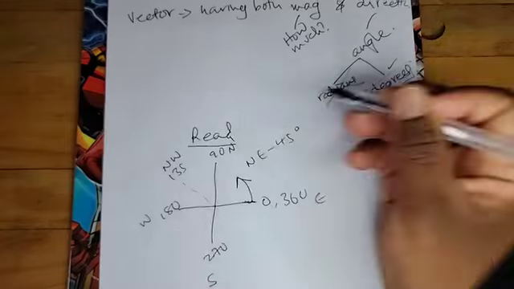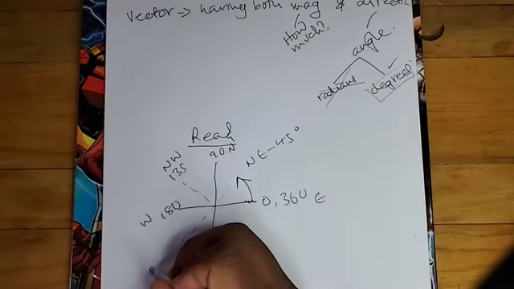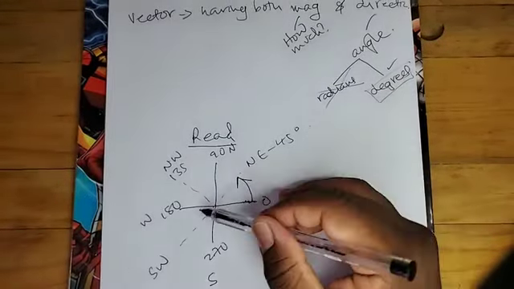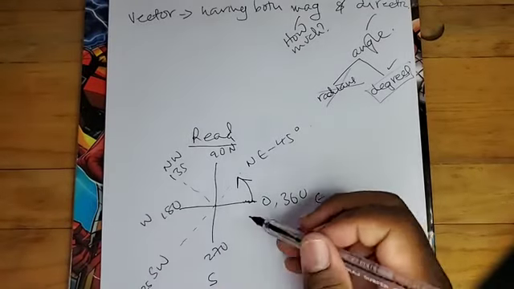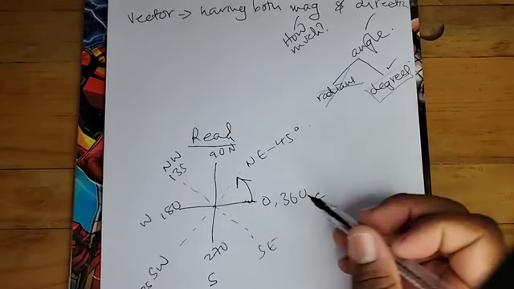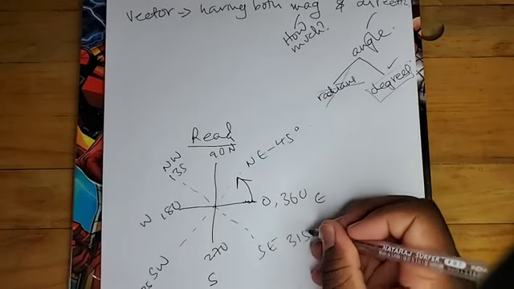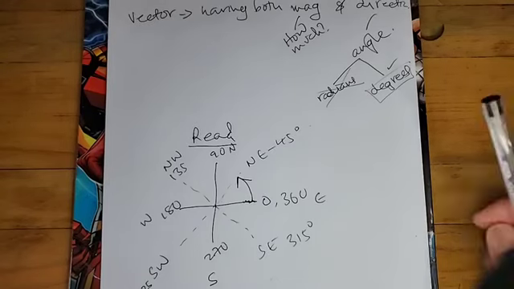That would be northwest. Next, between south and west, we're going to have southwest. That's going to be 180 plus 45, so 225. Between east and south, that's going to be southeast, and that's going to be 315 degrees. So these are a few standard angles.